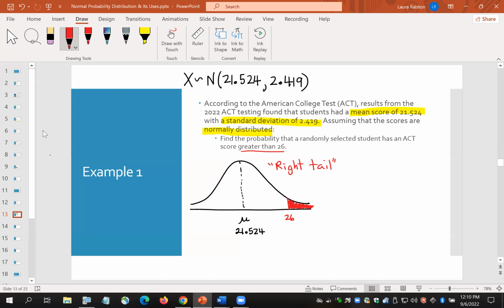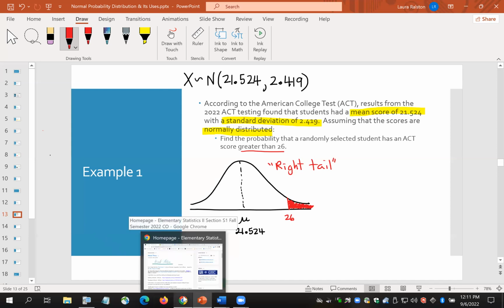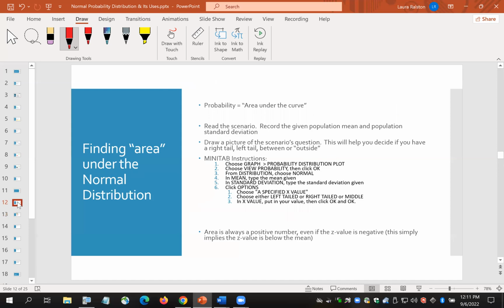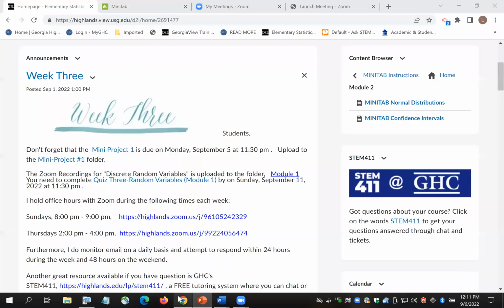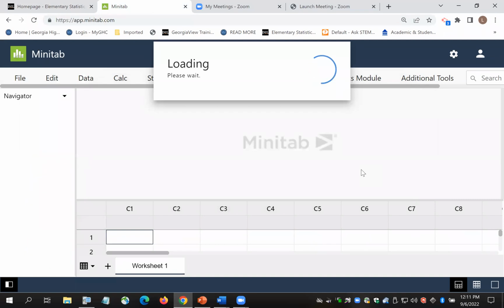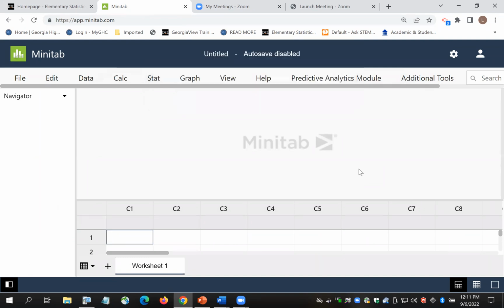All right. I'm going out to Minitab now to do the calculations. If you need to see the instructions for that, they're on the slide previously. I had it loaded up, but I waited too long to use it. Okay, so I've got Minitab open.